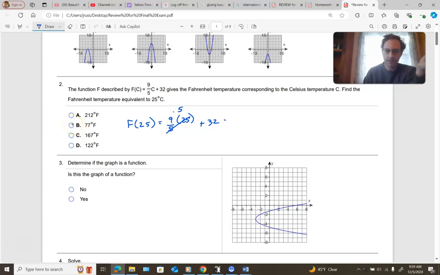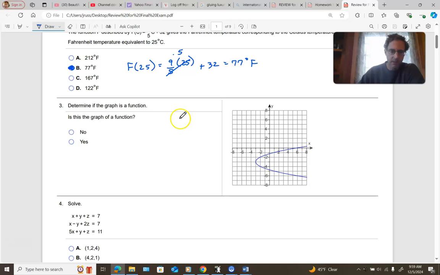And you can double check this in your calculator as well. So 77 degrees Fahrenheit. You know, in the U.S., we're not very accustomed to or familiar with temperature measurements in Celsius. But if you go to virtually anywhere else in the world, they are.